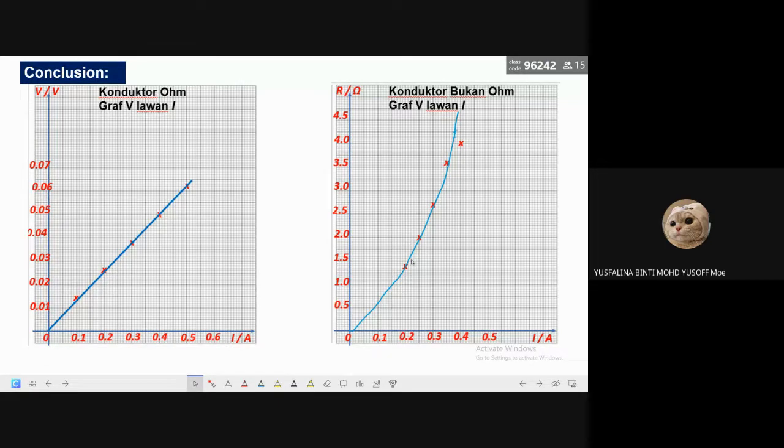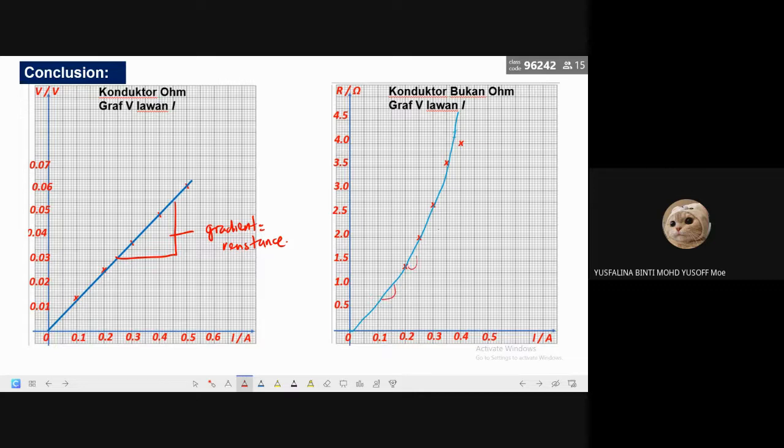We already learned resistance. For the graph of V against I, the gradient of the graph is equal to the resistance. But for this one, you cannot find the gradient because it is not constant; you would need differentiation, which I think you learn in Additional Mathematics.